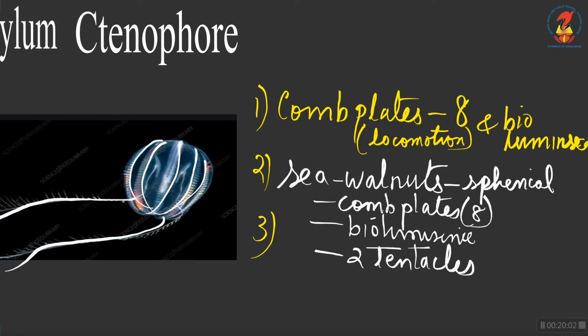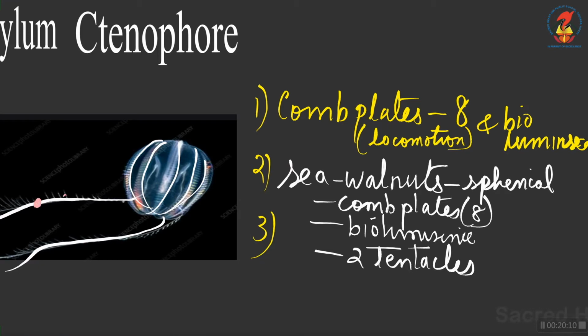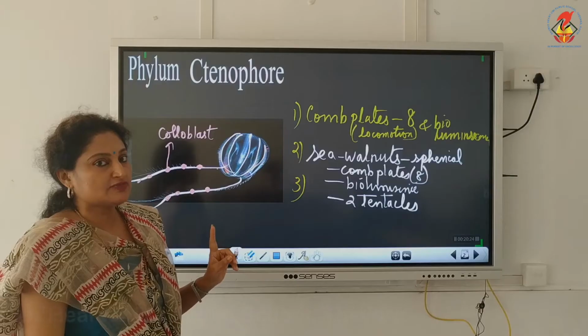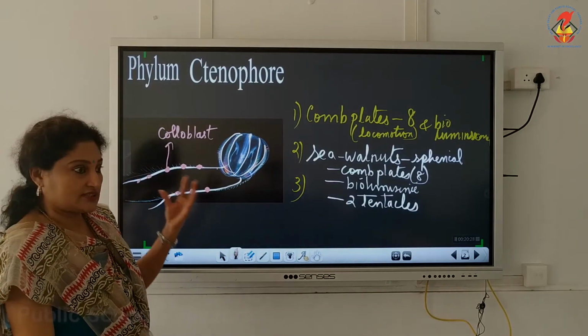So definitely you know what is the function of the tentacles: to capture its prey. So these tentacles are studded with coloblast cells. So I am just highlighting coloblast cells. Coloblast cells, unlike the nidoblast cells found on the tentacles of Cnidaria, are not stinging, they are sticky.